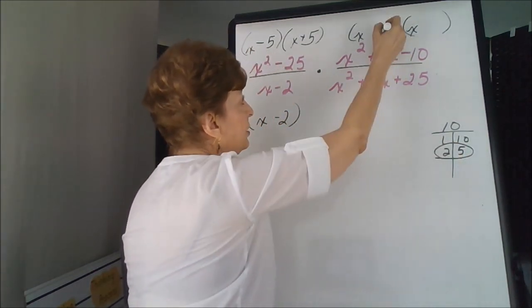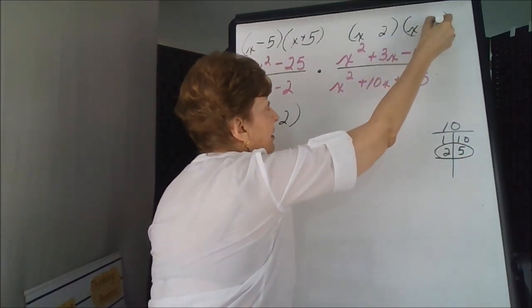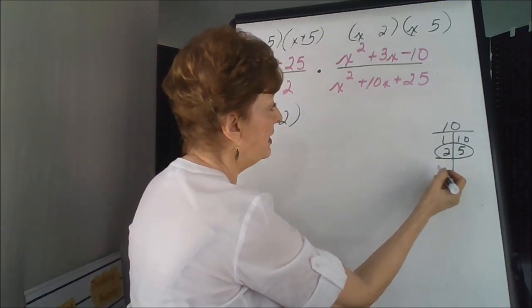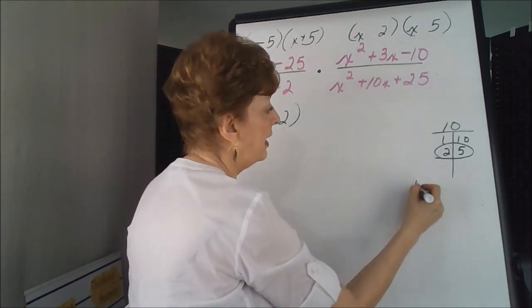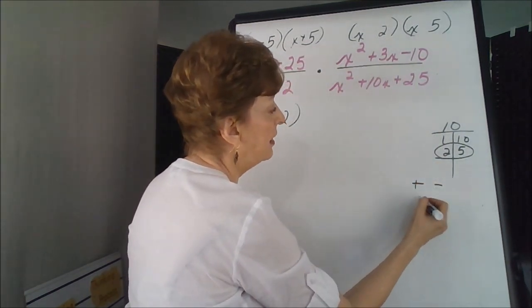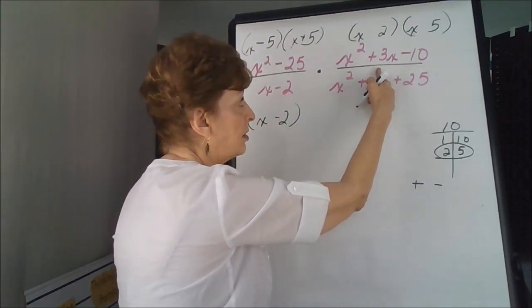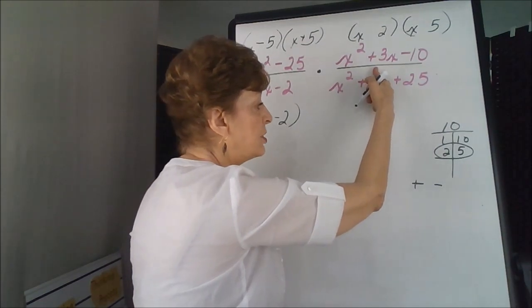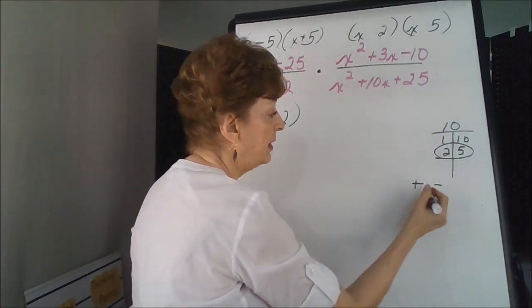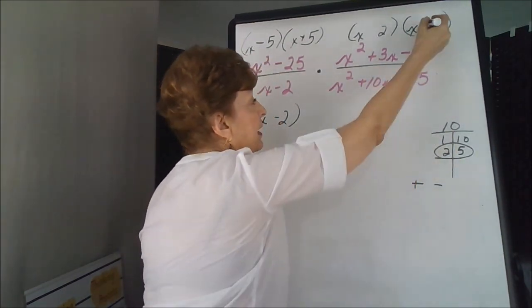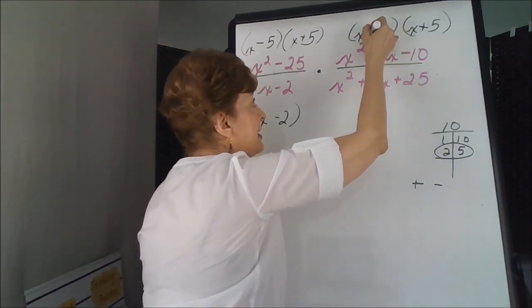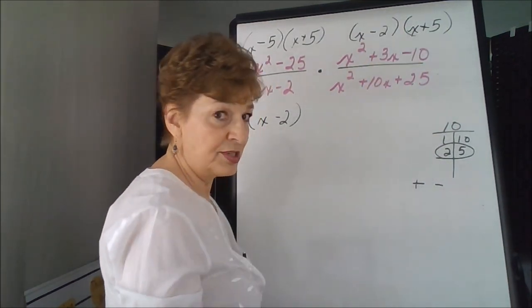We can use a 2 and a 5. And we're going to need a negative 10, so we can have one of each. The middle term here is a positive, so we know that our largest number has to be the positive. So we're going to have a positive 5 and a negative 2. And our side work is done.